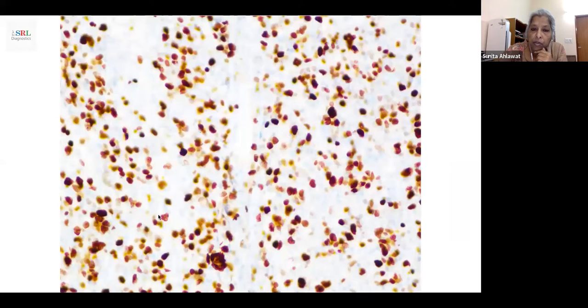Even if the mitosis and cellularity are not there, but you see endothelial proliferation and necrosis, it will make it grade 4 astrocytoma. And these grade 4 tumors show very high mitotic activity and Ki-67 labeling index.